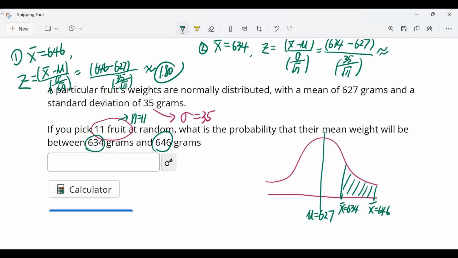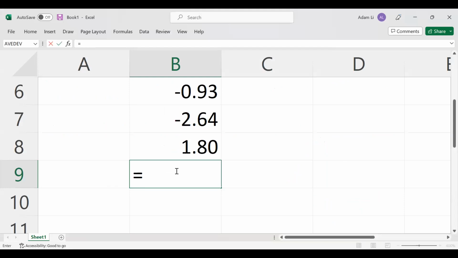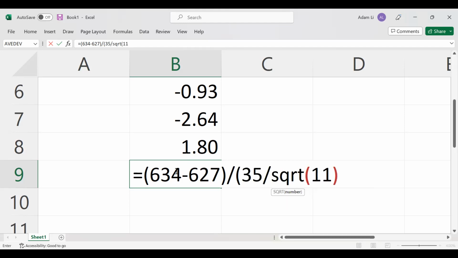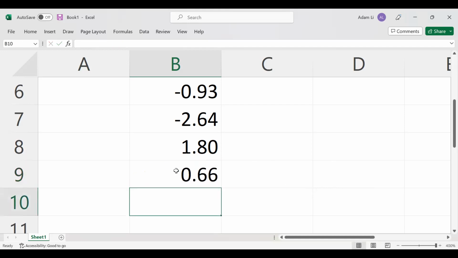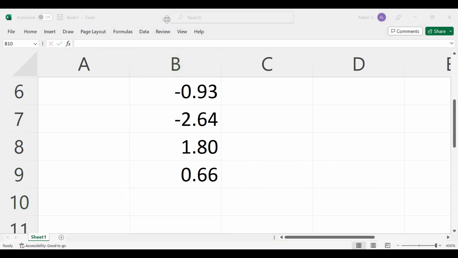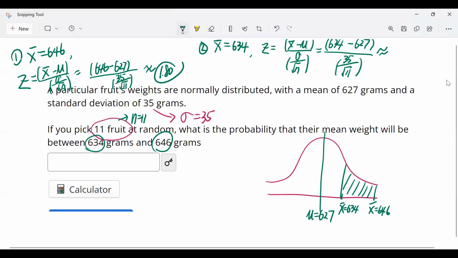Let's see what that is. And now we enter it, the result is 0.66.